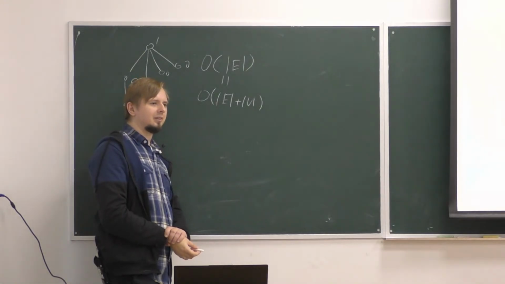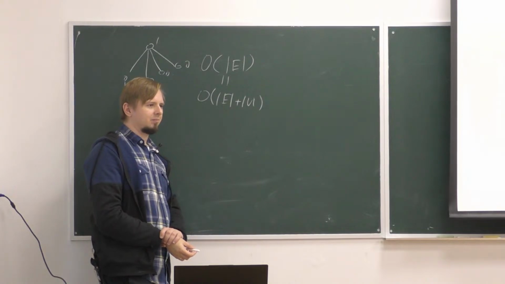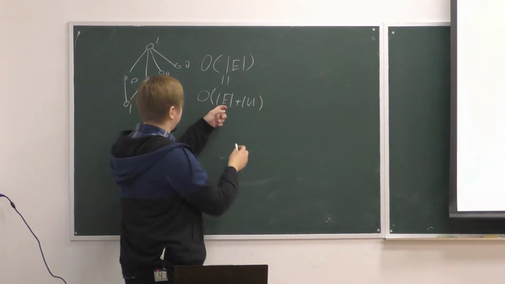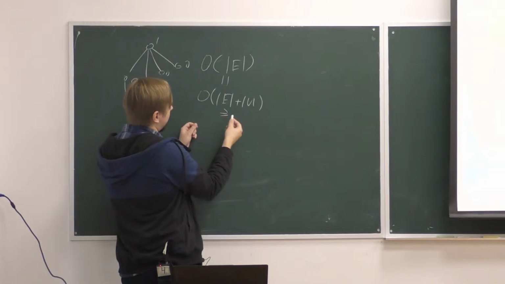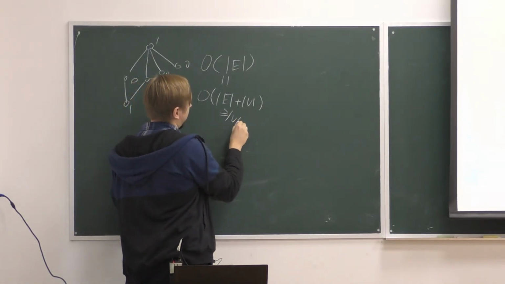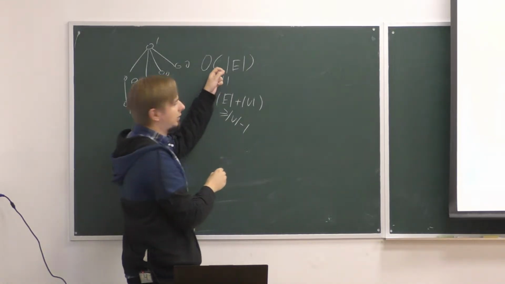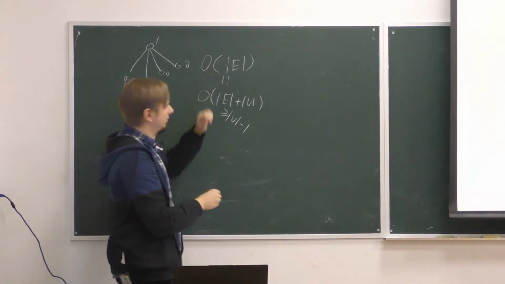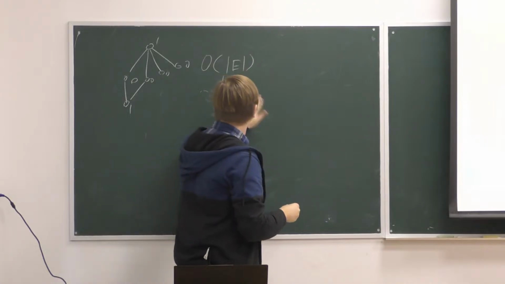Why? Because for a connected graph, E will be more than or equal to V minus 1. So we can rewrite it in this way for simplicity.